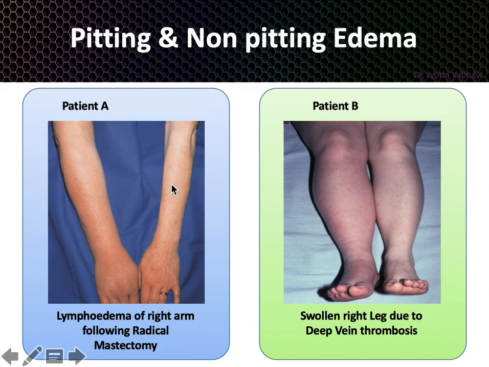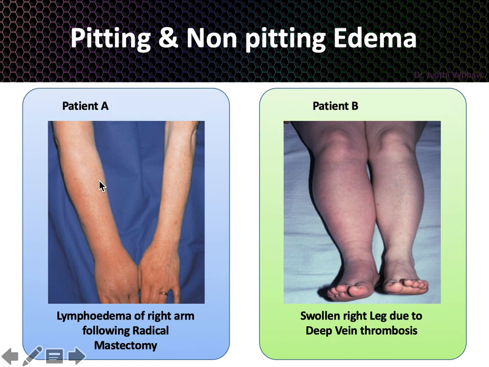not working in this arm. Here the blood is coming through the arterial system, capillaries are working fine, veins are working fine, reabsorption is happening, Starling forces are fine, but the lymphatics are not working because radical mastectomy has happened.